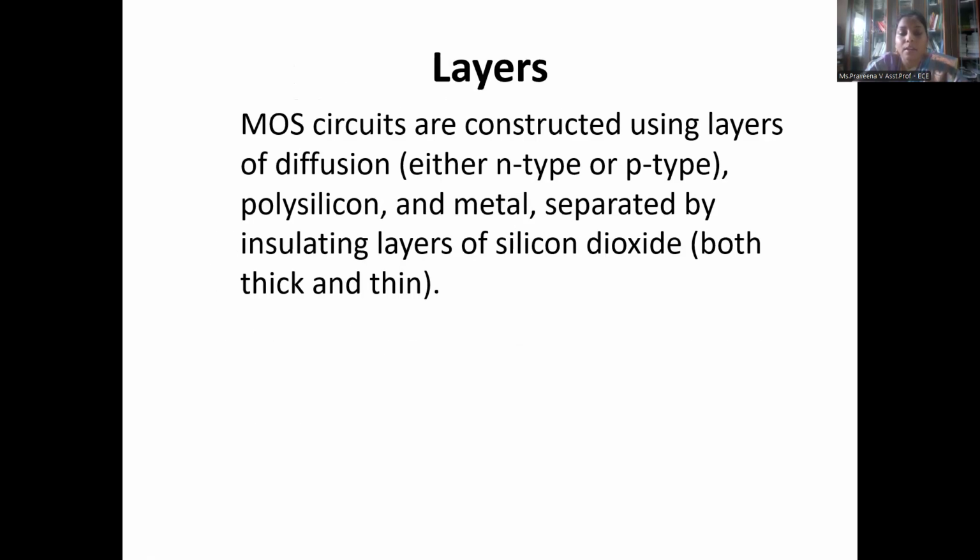Then layers. MOS circuits are fabricated using layers of diffusion, either N-type or P-type, along with polysilicon and metal to form transistors and interconnections. These layers are separated by thin and thick silicon dioxide insulating layers to ensure proper electrical isolation and operation.